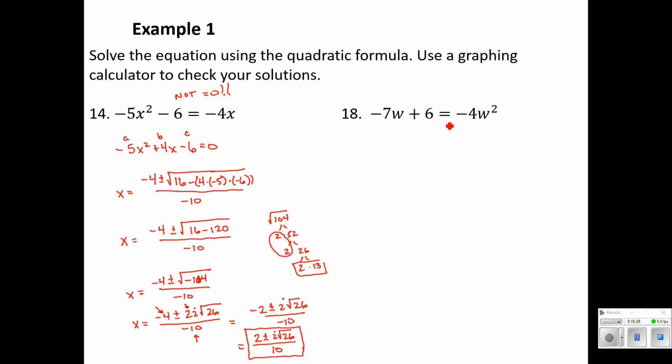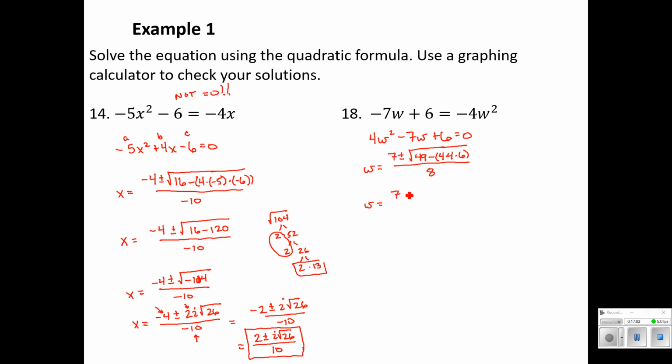All right, let's try number 18. Got to get it set equal to 0, get it set up in the correct form. So we got 4w squared minus 7w plus 6. Get it set equal to 0, squared, regular, just a number. All right, that means our solution, in this case it's w, opposite of b, plus or minus square root of b squared minus 4 times a times c all over 2a.